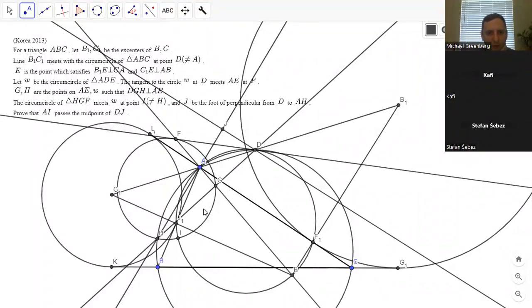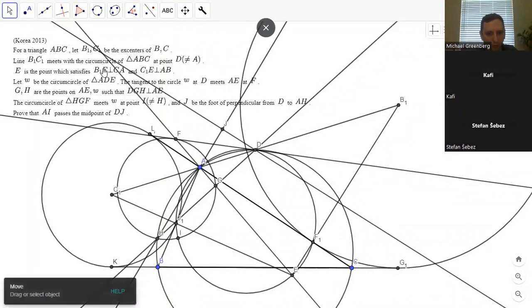We draw the tangent to it at D, and it meets AE at F, and then G and H are on AE. Wait, G and H are on AE. Oh, I didn't draw H right.